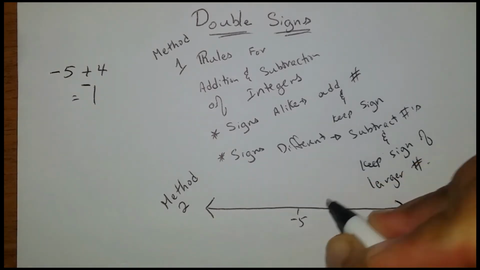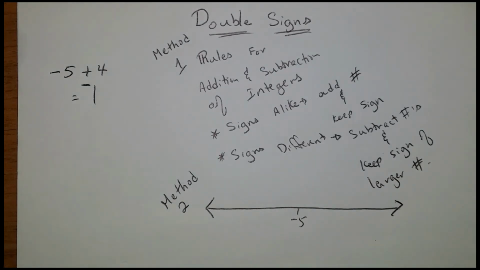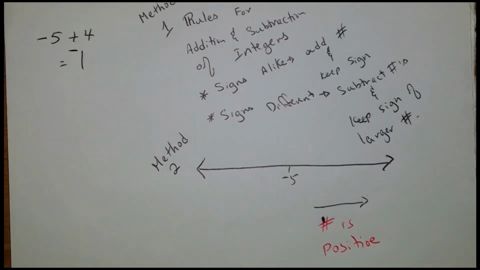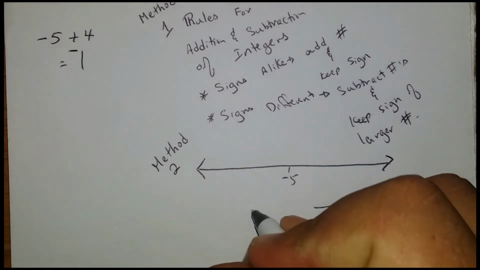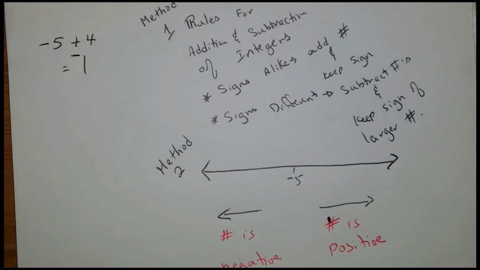The first number that you have there, you write it down. Then, if your number is positive, you move in that direction. If the number is negative, then you move towards the left. And if the number is positive, you move towards the right.